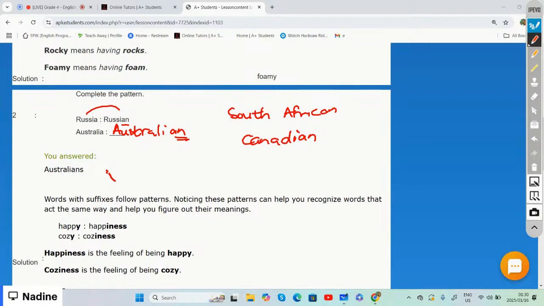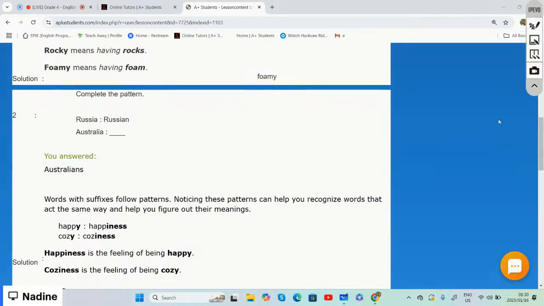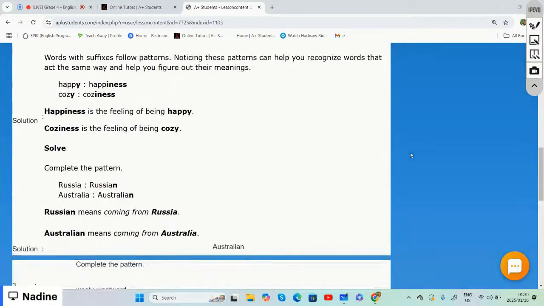And we added an "an", which makes us Russian, Canadian, Australian, South African. But that is basically a suffix that is added, which makes the answers similar.